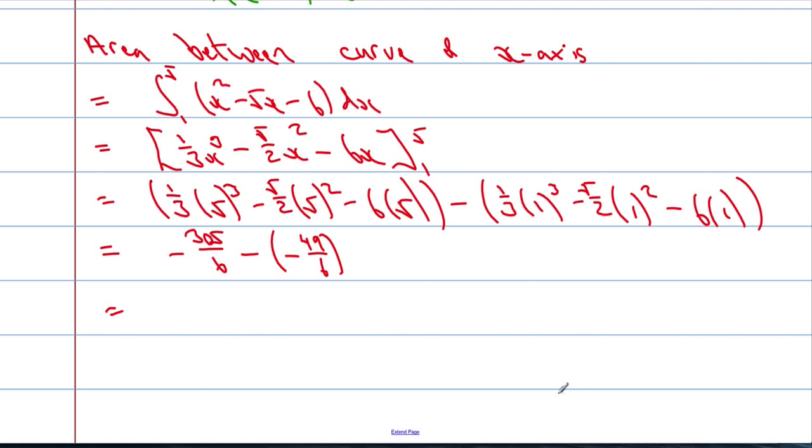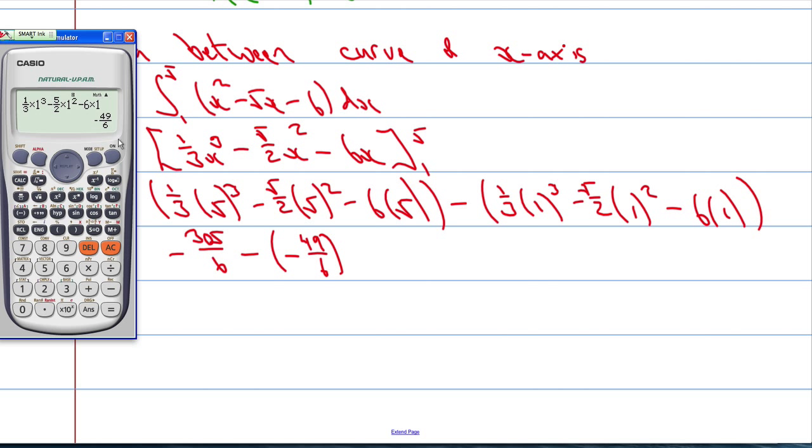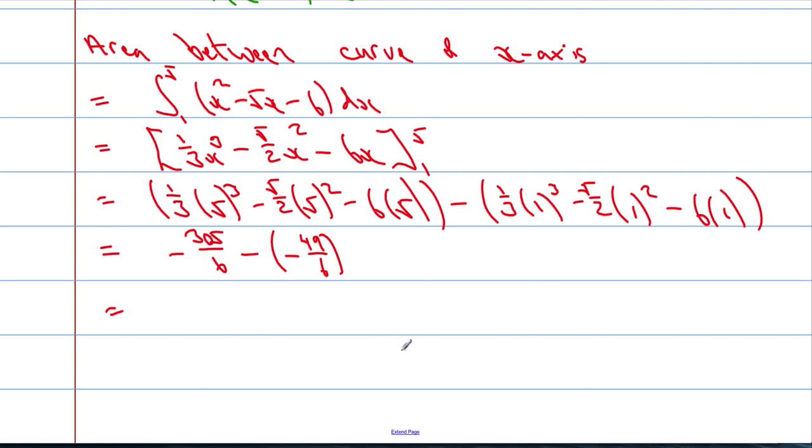So I multiply that by negative 1, just to make life a little bit easier. So that's adding 49 over 6. I need to take away 305 over 6. Negative 128 over 3. Okay, so that's the area between the curve and the axis.